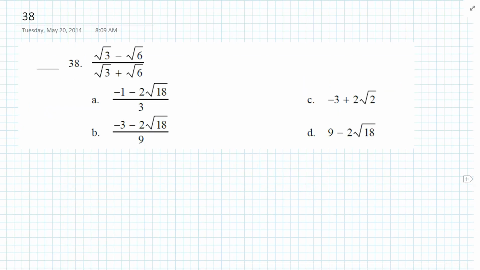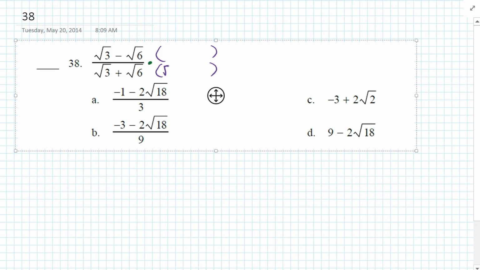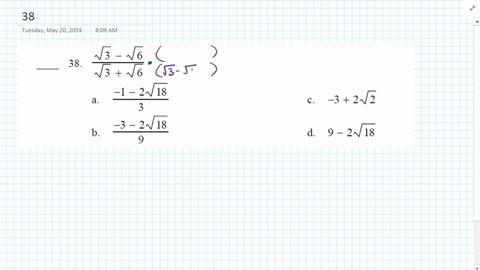38. Okay. The square root of x minus the square root of 6 over the square root of 3 plus the square root of 6. Okay, we're going to use what we call conjugates. We're going to multiply the top and bottom by the conjugate of the denominator. The conjugate means first number minus the second number.